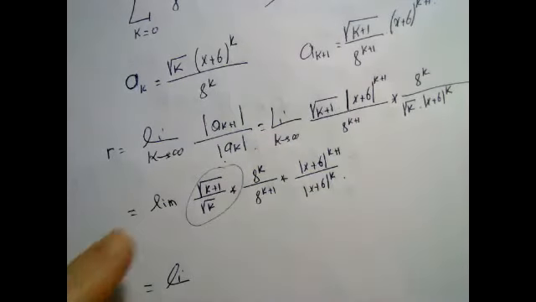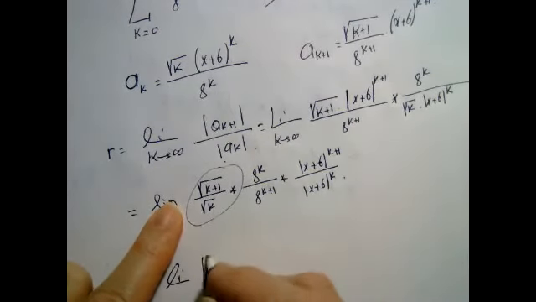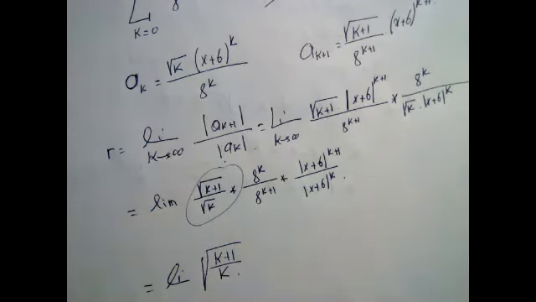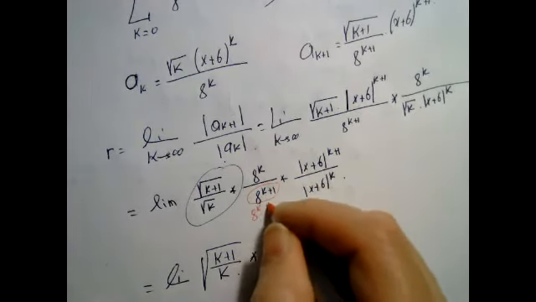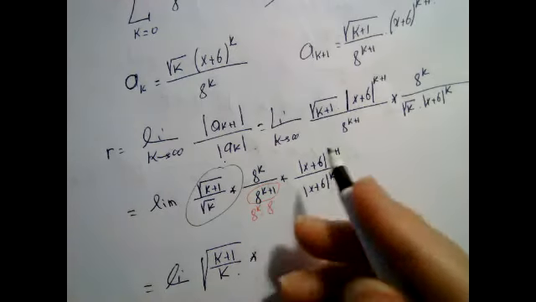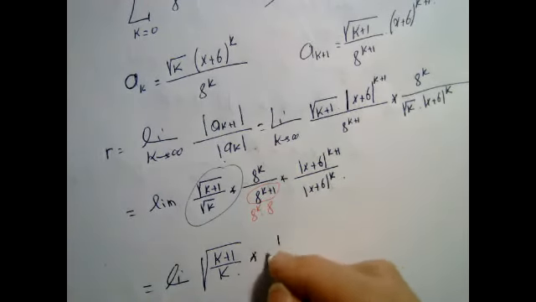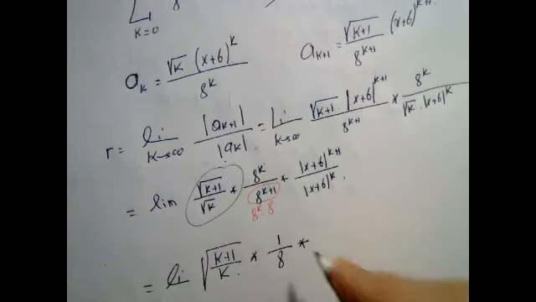Since I want to find the limit, it's nice to put this whole thing under the same square root. Now, 8 to the k plus 1, as we've done several times, is 8 to the k times 8. So when I simplify, I will have 1 over 8 times.